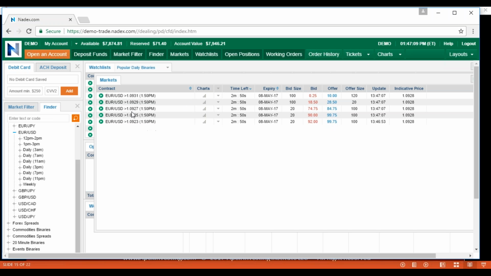Because watch as time goes down. All right? The closer you get to expiration, the more volatility. Yeah, you're trading volatility is what you're doing. Okay? And the prices move extremely fast.